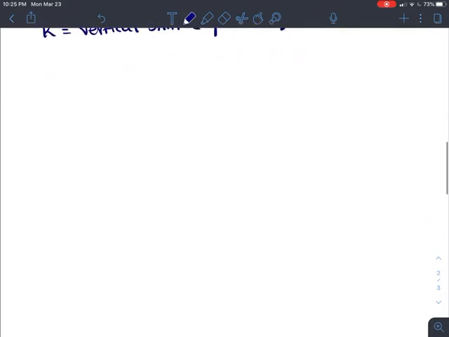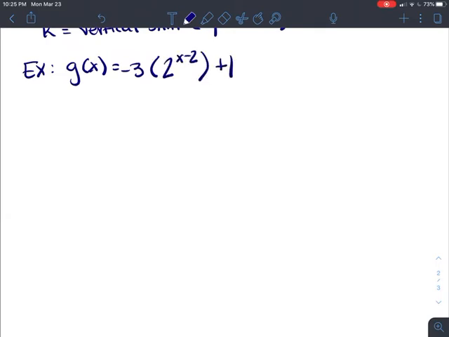All right? So they give us the transformed function g of x equals -3 times 2 to the x minus 2 power, plus 1. Okay? So I'm going to list over here my a, b, h, and k, as well as my asymptote. Okay?